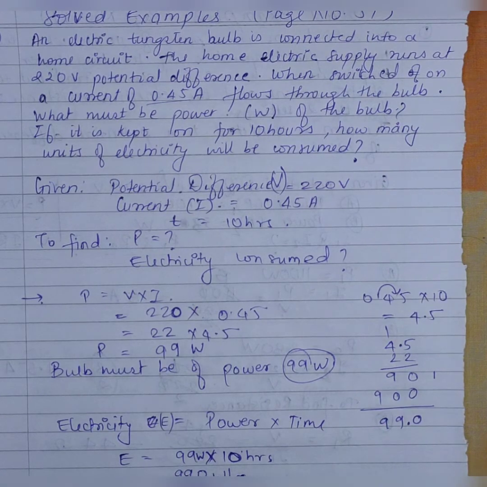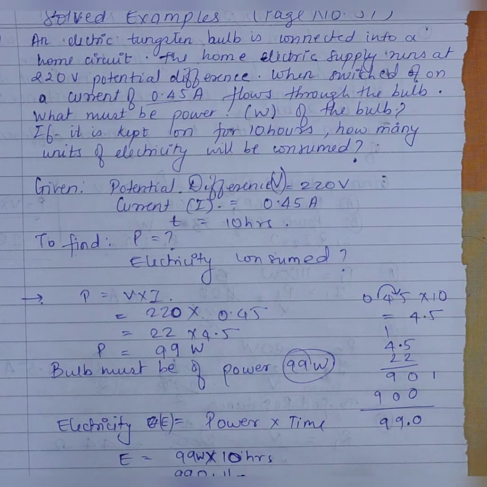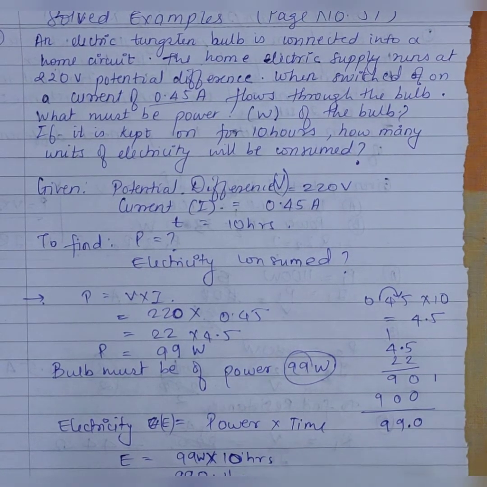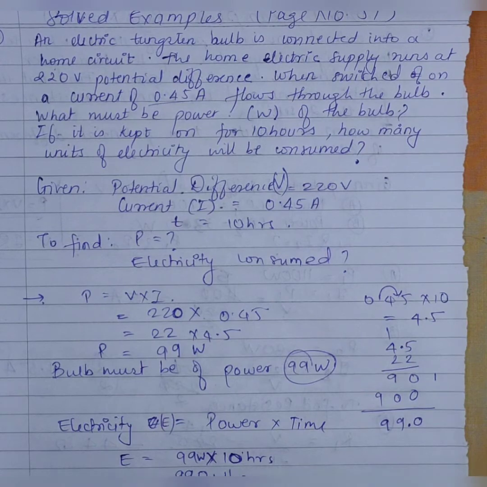Okay, watt hours. If you want to write this in kilowatt hour, then what will be your answer? Always, electricity is mentioned in kilowatt hour. To do that, what will you do? You will divide this by 1000.